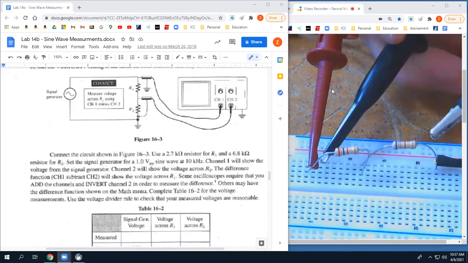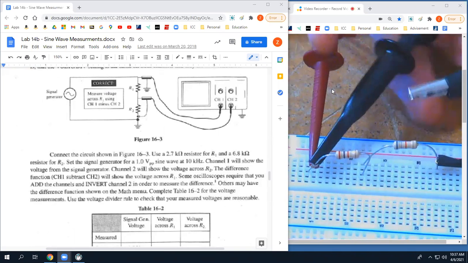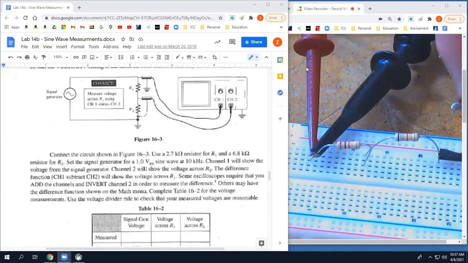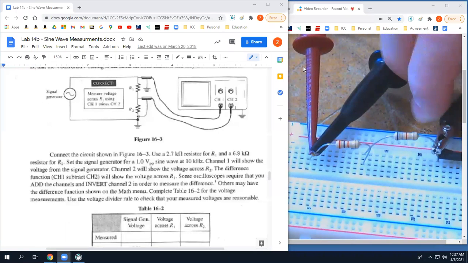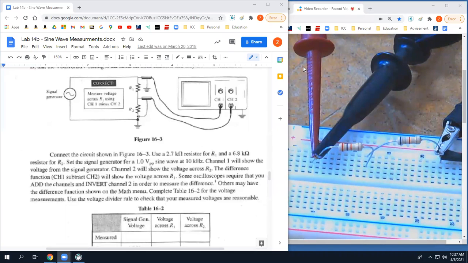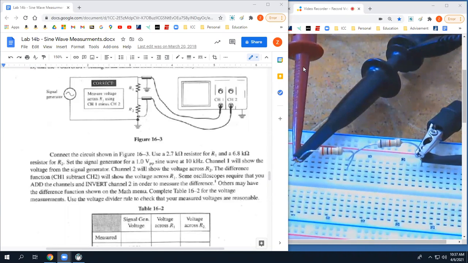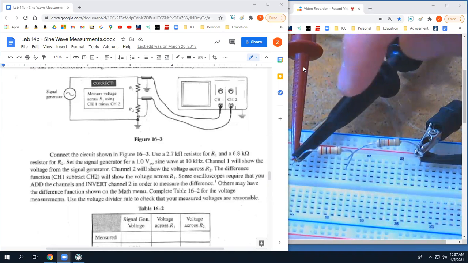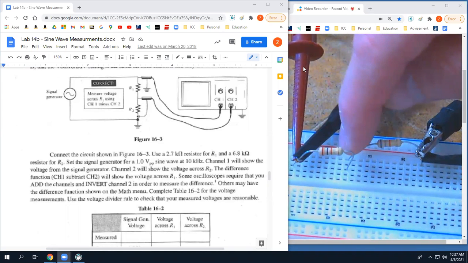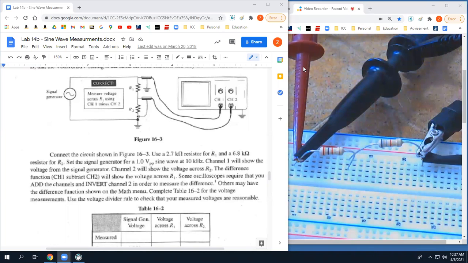I'm going to click on there to here. And my channel 2, I'm going to put the yellow here and the ground here. Correct. You need 2 cables for your oscilloscope.